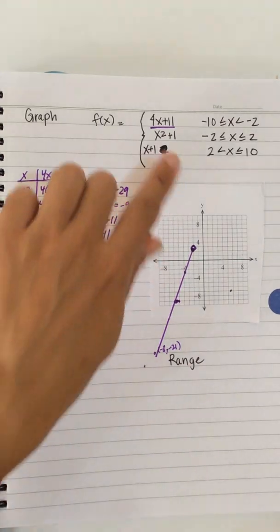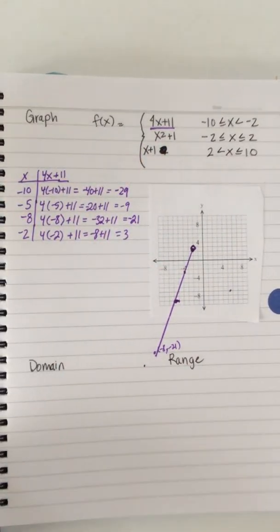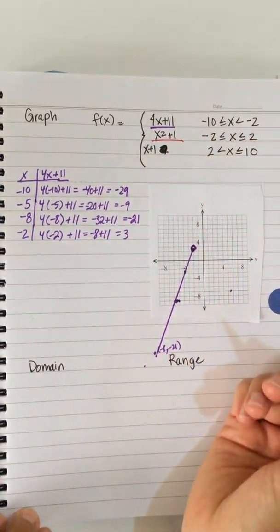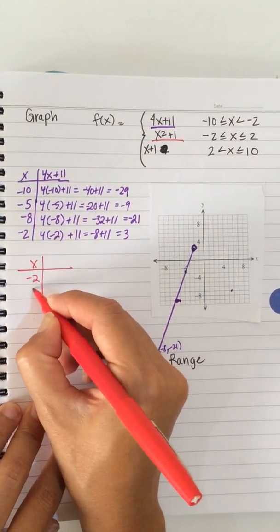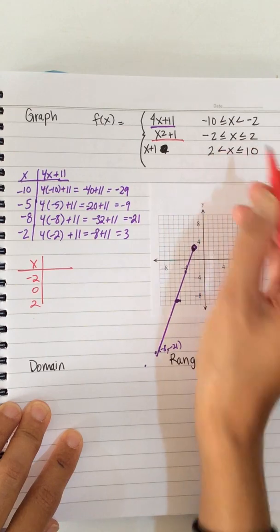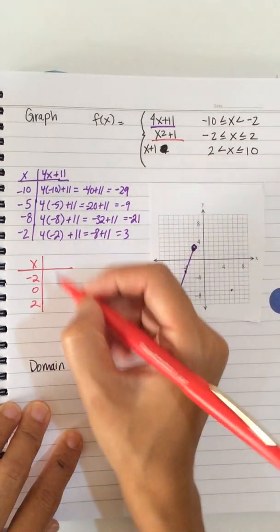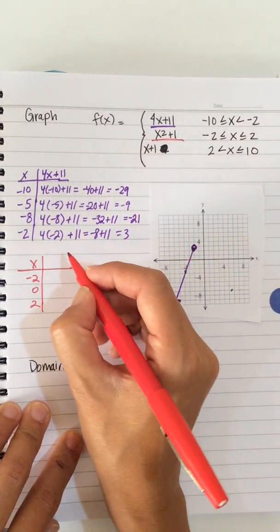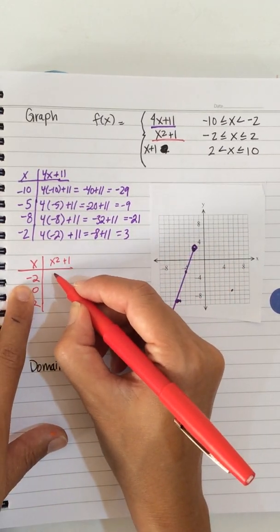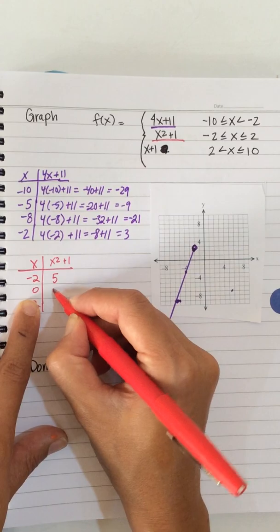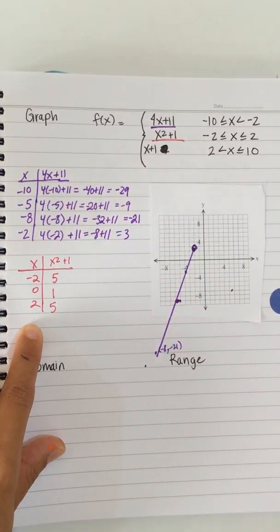Okay, now x squared plus 1 between these two. Let's make that red. And that one, just do negative 2, 0, and 2. It's allowed to be negative 2 and 2. So those are going to be where it's filled in. And that's going to be x squared plus 1. So negative 2 squared plus 1 is 5, right?